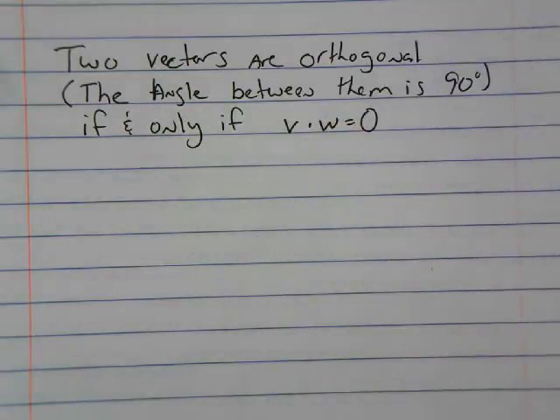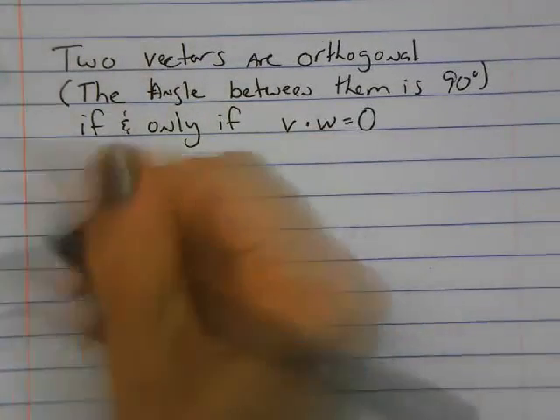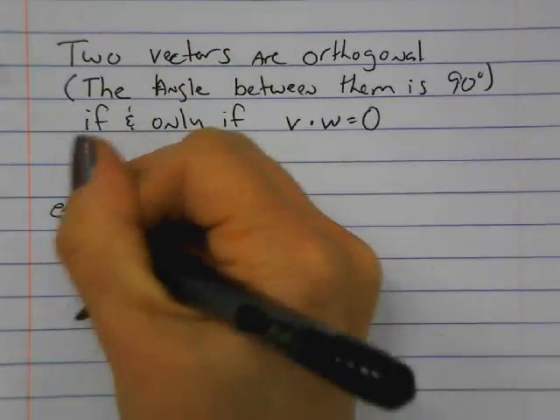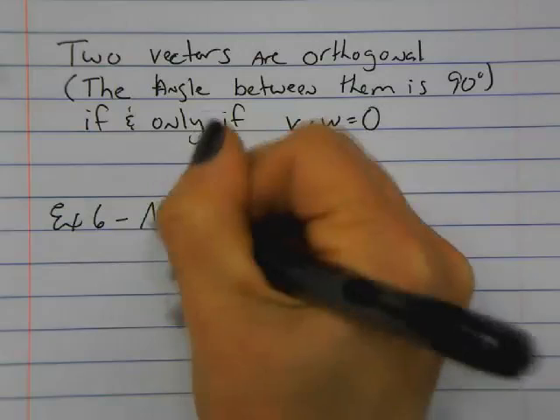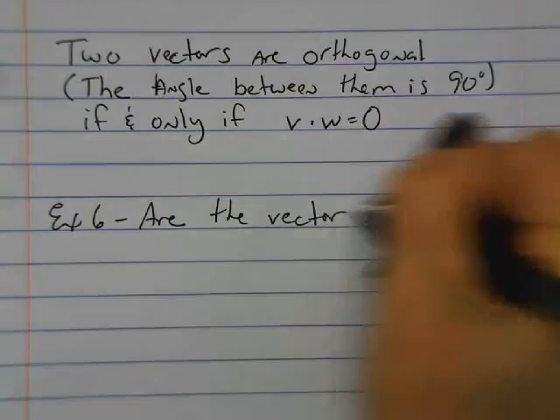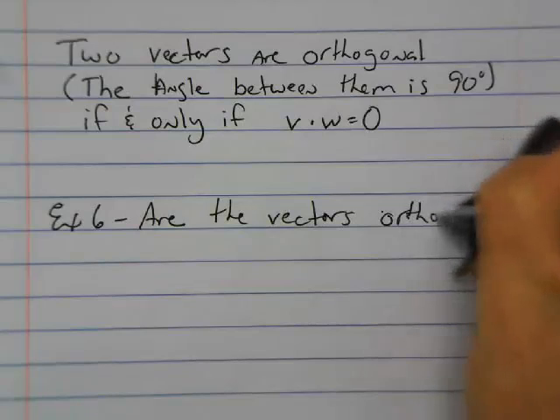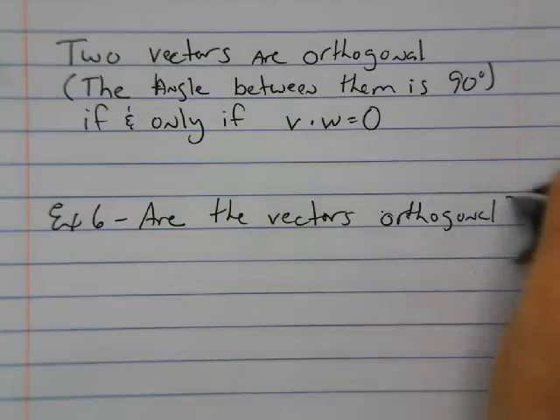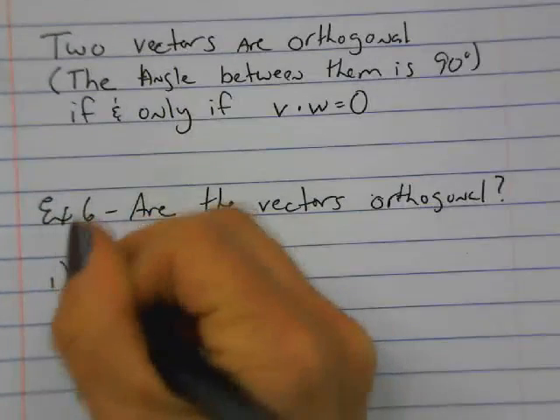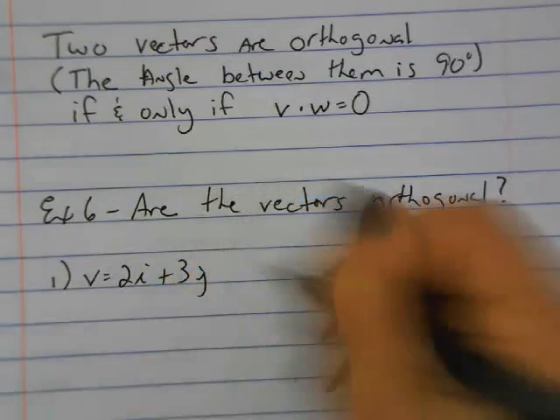Okay? So we're at example 6. Are the vectors orthogonal? Okay, let's say I have v is 2i plus 3j, and w is 6i minus 4j.